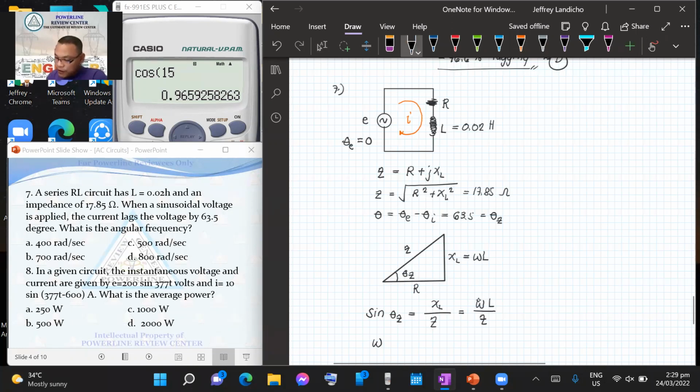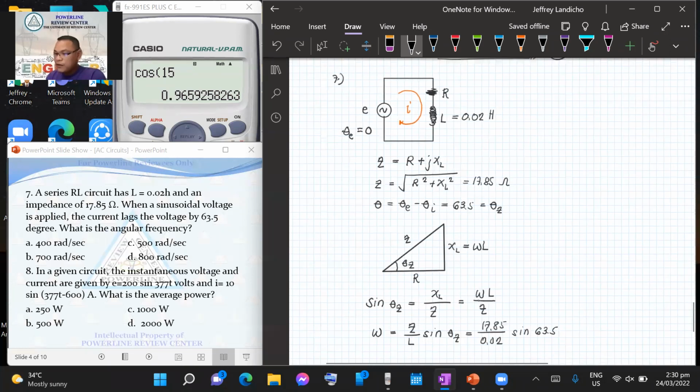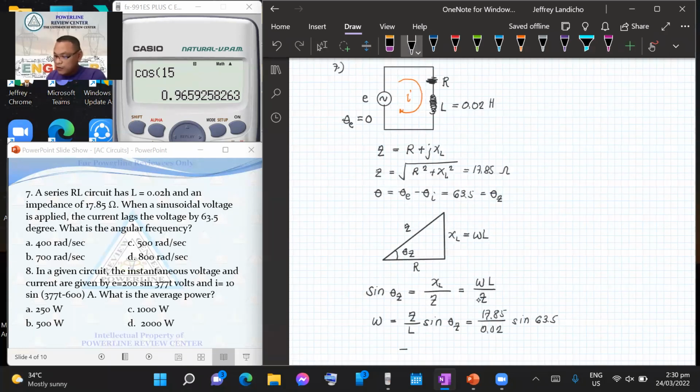So, solving for the angular velocity, it should be equal to the impedance. I-divide natin kay inductance. Multiply na lang kanino? Sine theta sub Z. Magnitude of the impedance, 17.85 over the inductance of 0.02, sine 63.5. So, meron na tayo angular velocity.